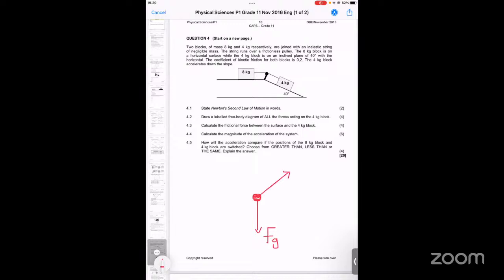Okay, we're going to have FN or just N. And then we would have one line that is perpendicular to the FN going to the left upwards, like that. Yes, sir.